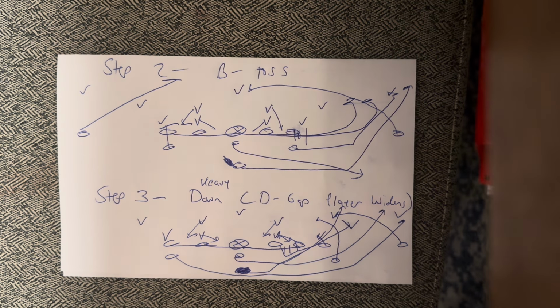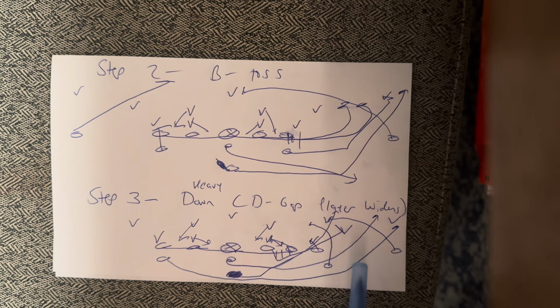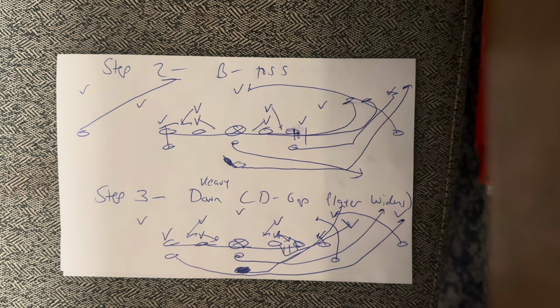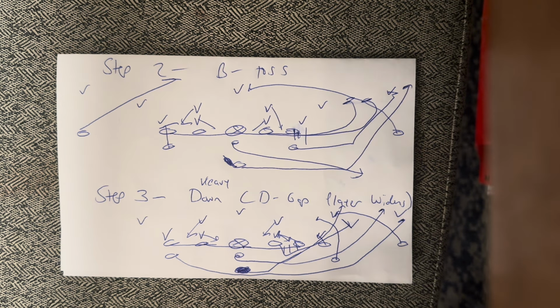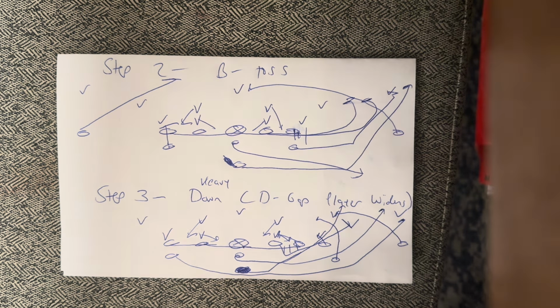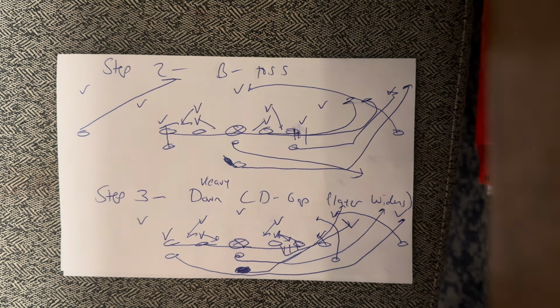What that's going to do is that's going to open up the down because the D-gap player is going to start to widen because he's anticipating keeping his outside arm and leg free, so he's going to overcompensate. That's what opens up the down. Now, to run the down, you're going to get into the heavy formation. Now you're going to say, well, Dr. Sella, if we get in heavy, aren't they going to know that down is coming?